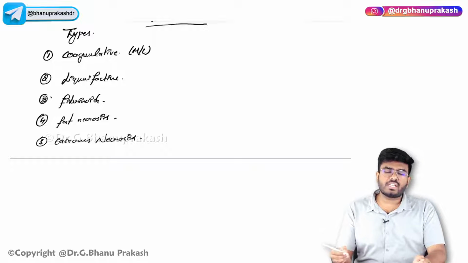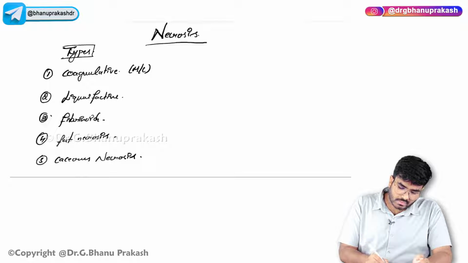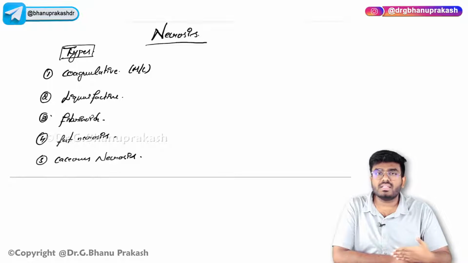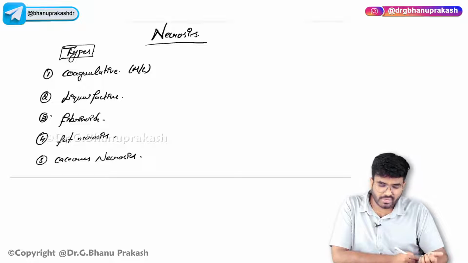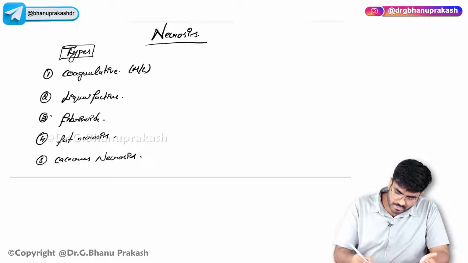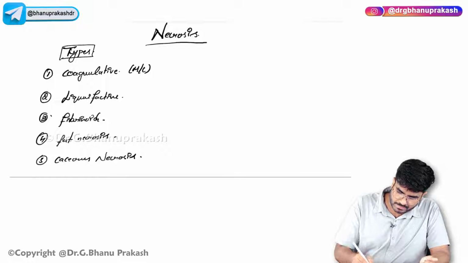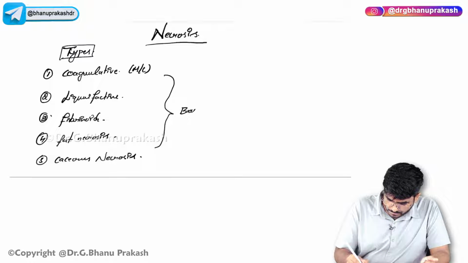So, these are different types of necrosis, and you should understand how we have classified necrosis into different types. Based on what? Fibrinoid, fat necrosis, liquefactive necrosis, coagulative necrosis, based on what? Based on histology, the morphological appearance after the death, the microscopic appearance.